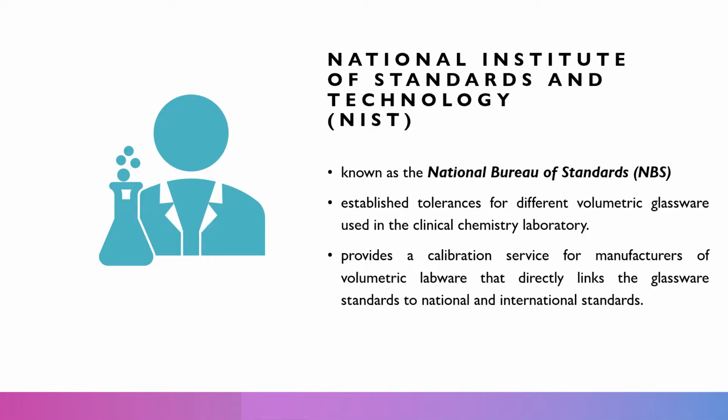The National Institute of Standards and Technology, which is also known as the National Bureau of Standards, has established tolerances for different volumetric glassware used in the clinical chemistry laboratory. They also provide a calibration service for the different manufacturers of volumetric labware that directly links the glassware standards to national and international standards.